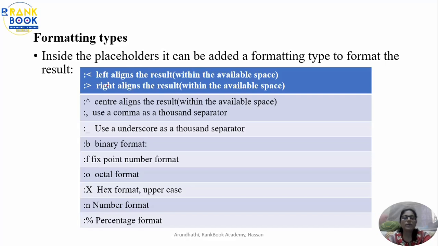These are all the formatting types: colon less than for left align, colon greater than for right align, which results within the available space, and colon caret for center align, and colon comma as a thousand separator, colon underscore is also a thousand separator, colon B binary format, colon F fixed point number format, colon O octal format, colon X hexa format with uppercase X, and colon N is a number format, and colon percentage format.